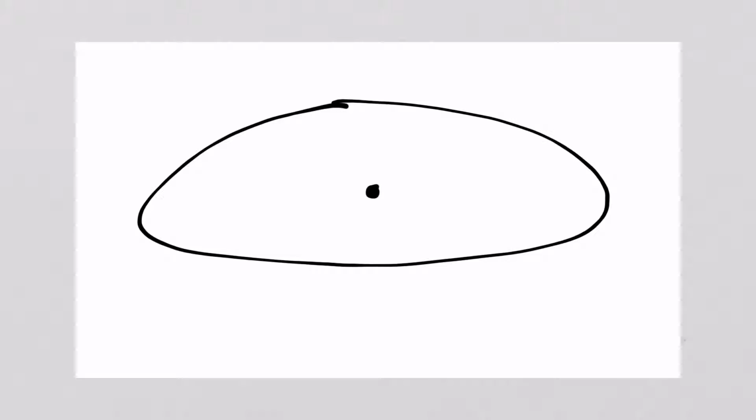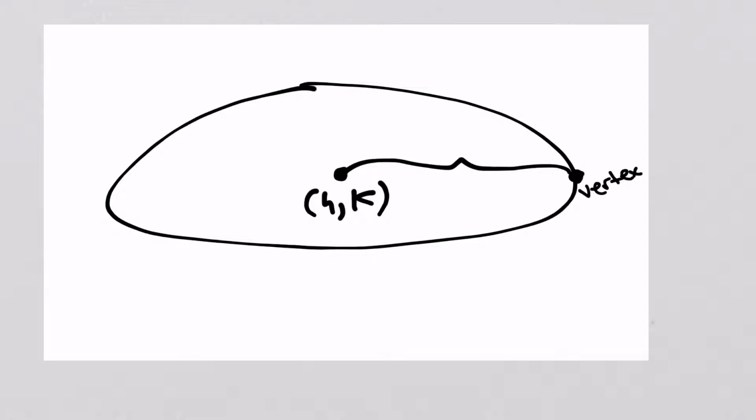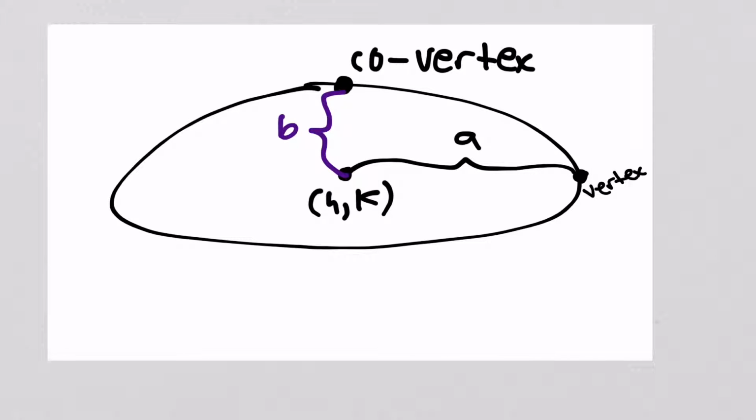Now, just like a circle, it has a center, which we call h, comma k. Now the vertices on an ellipse are going to be the points either horizontally in line or vertically in line with that center, whichever is farther away. So this distance right here out to that vertex is denoted by the value a. Now if we look at that distance from the center straight up to the co-vertex, we call that distance b.